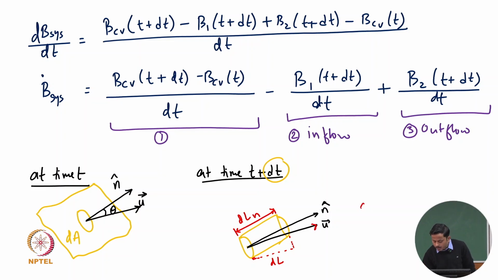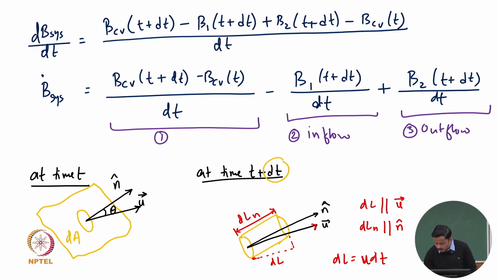So dl is parallel to u, dln is parallel to n cap. My schematic is probably not exact, but this is what I mean by dln and dl. So now dl is equal to v dt. Sorry, this is u dt.